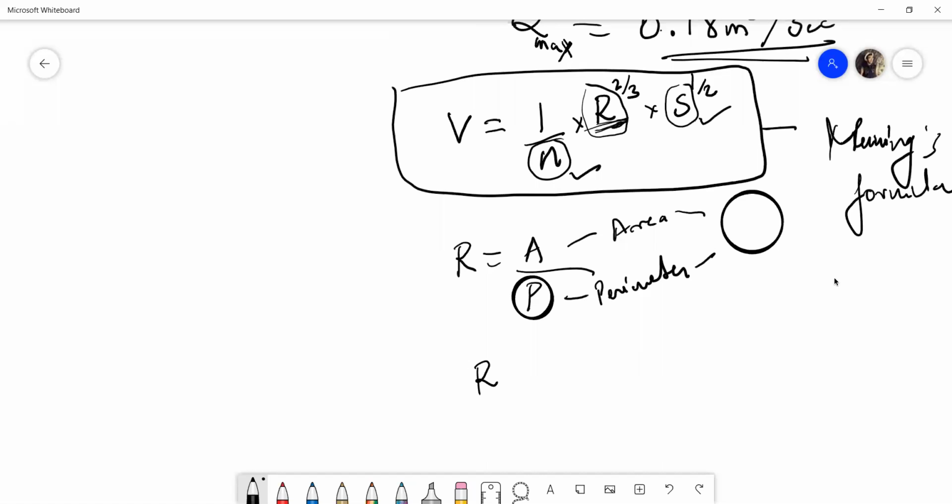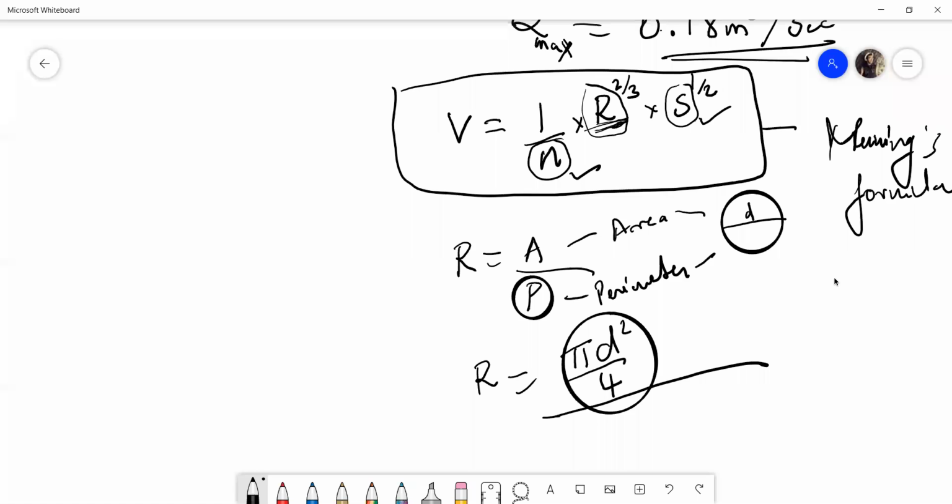So hydraulic radius R equals area of the circle, and we'll take it in terms of diameter D. Area is pi D square by 4, divided by the perimeter. The perimeter is the circumference, 2 pi r, which is pi d. It is the perimeter of the circular cross section covered by water. Since complete discharge is taking place, the water covers the complete circle's circumference.